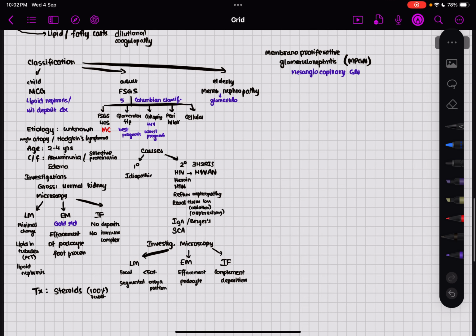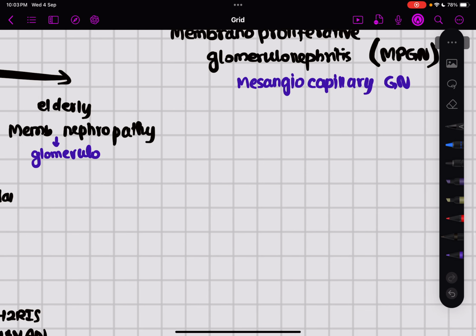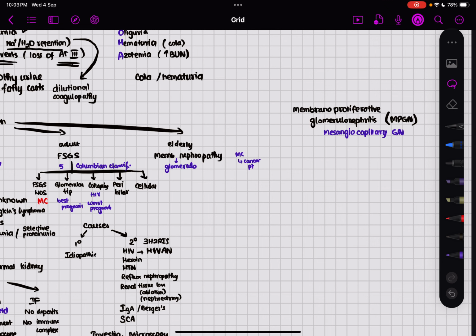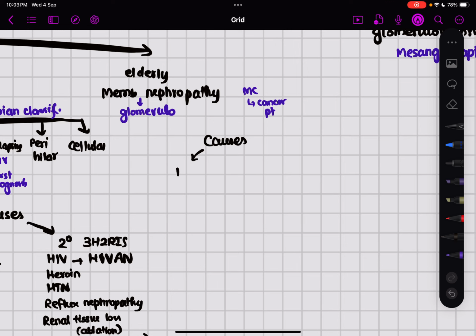Now coming to membranous glomerulonephropathy or membranous nephropathy. Another point is that it is more common in cancer patients. Its causes can be divided into primary and secondary.